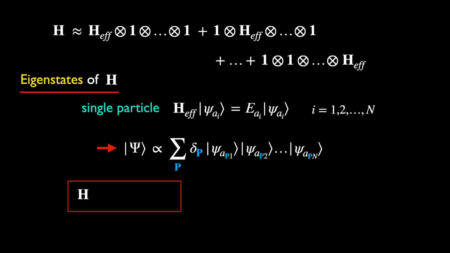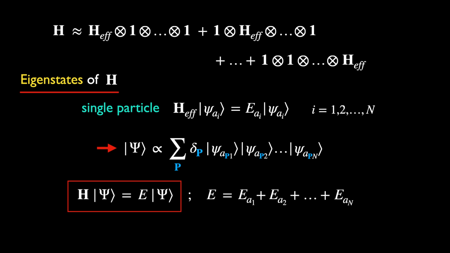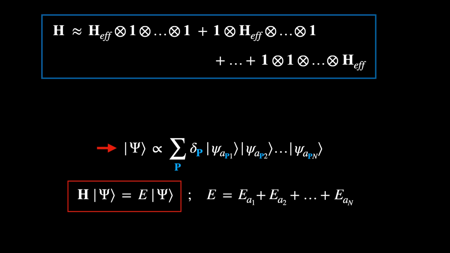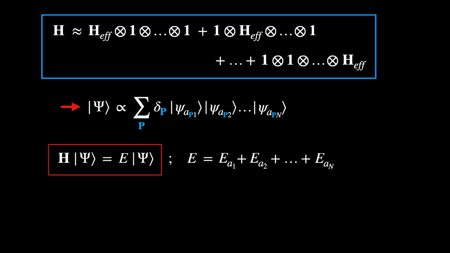Consequently, the energy of this state is simply the sum of the energies of all the particles. This is so because the permutations performed to effect symmetrization or anti-symmetrization do not affect the value of the total energy.